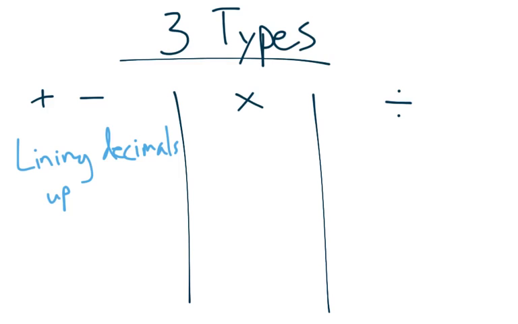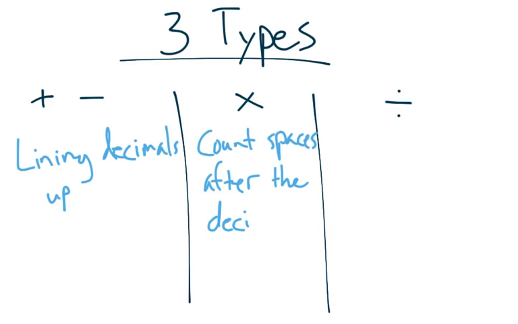For multiplication, you have to count spaces after the decimals. And for division, this one's tricky. This one's a two-parter. Part one, get ready to do some long division.